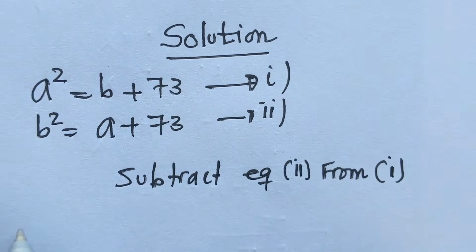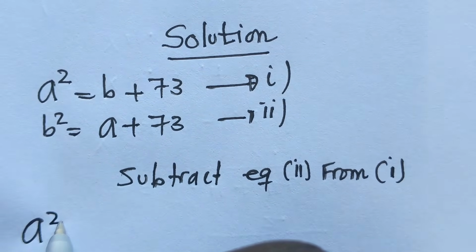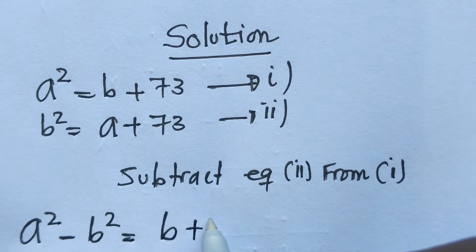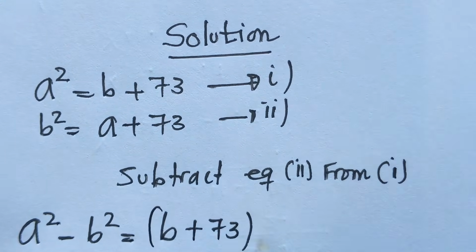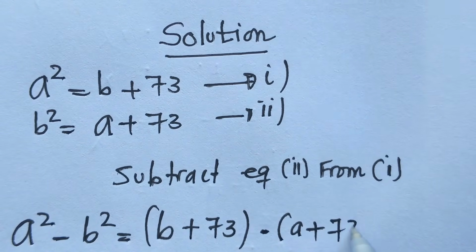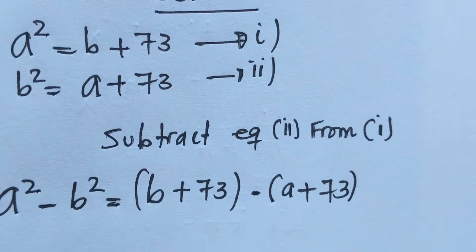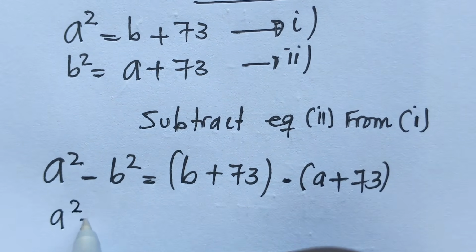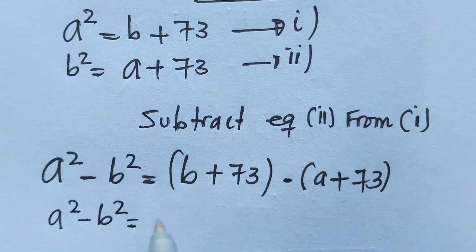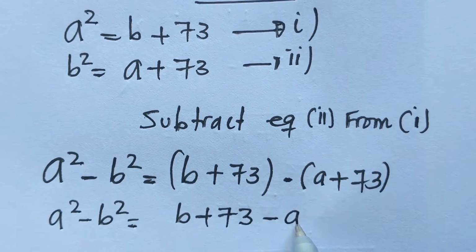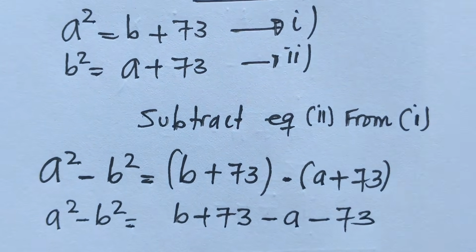What can we get? At this moment we have a squared minus b squared, which equals b plus 73, then minus this one, a plus 73. Then a squared minus b squared equals b plus 73 minus a minus 73.